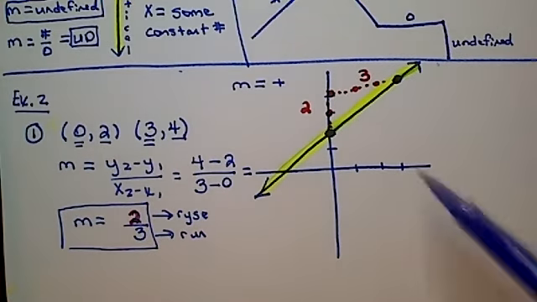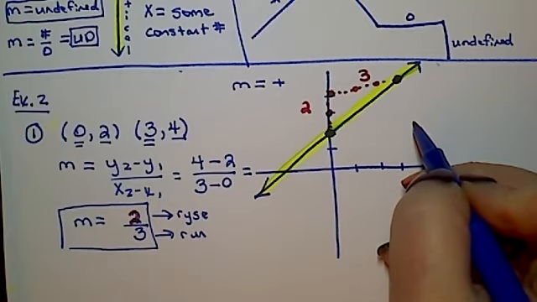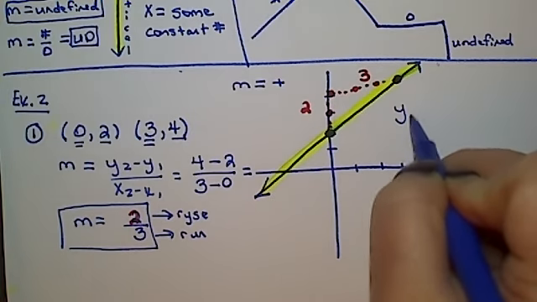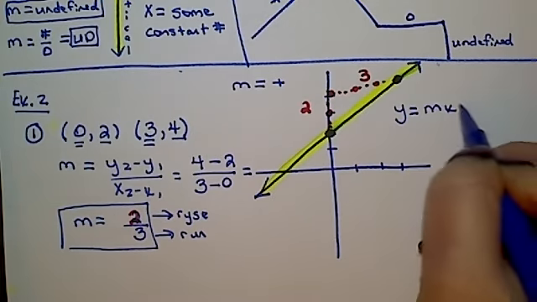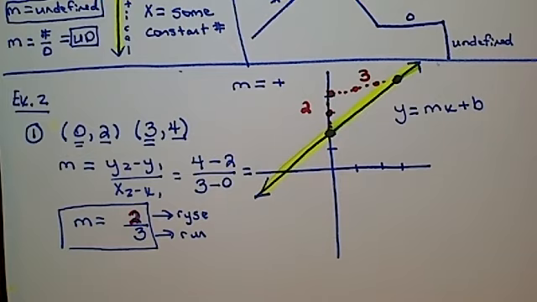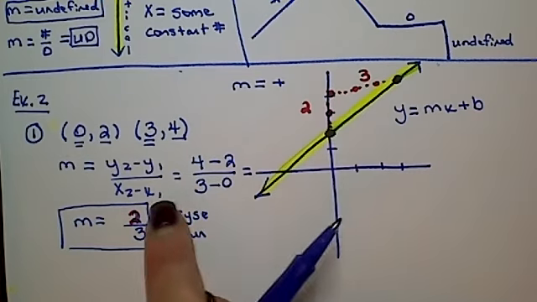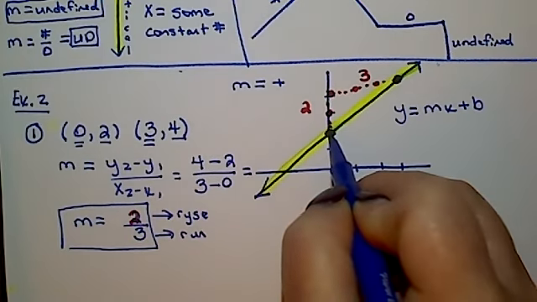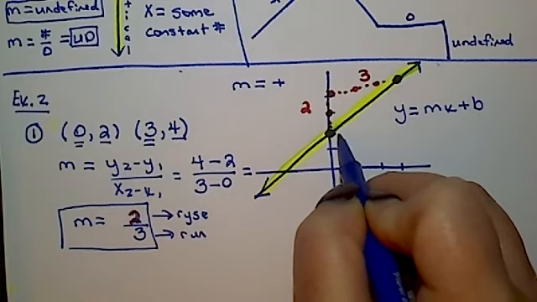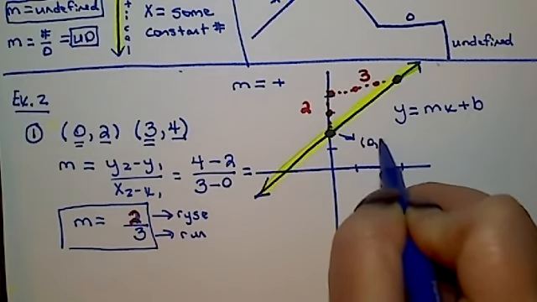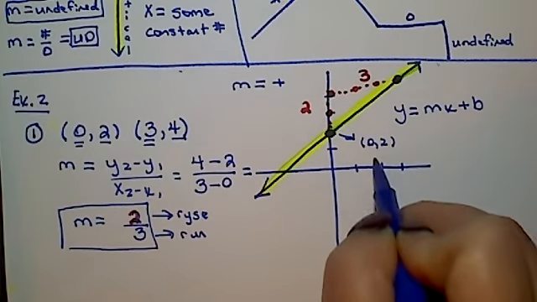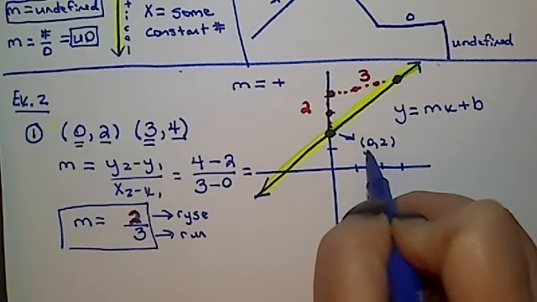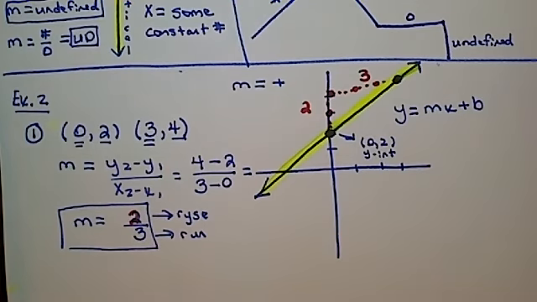Okay. Now let's think about putting the equation for this line. Remember, the equation is y equals mx plus b to get this line. So if you notice, the y-intercept is your b. This point right here, 0, 2, where it crosses the y-axis, is your y-intercept.